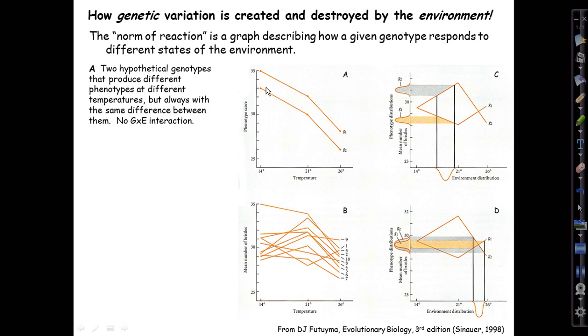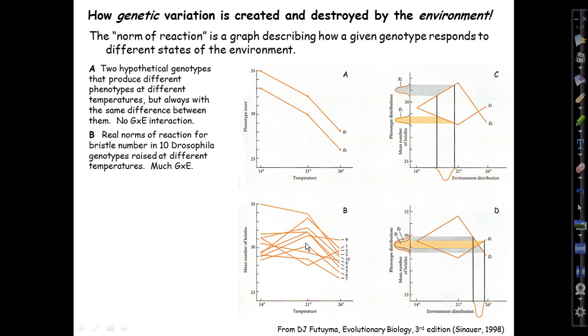They're always different by 2 units of the phenotype score on average. Okay, so this is not G by E interaction. G by E interaction doesn't mean the phenotype depends on the environment. It means different genotypes have different relationships between the environmental variable and the phenotype.